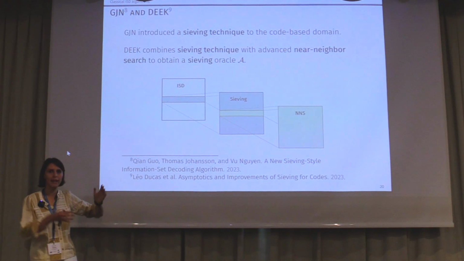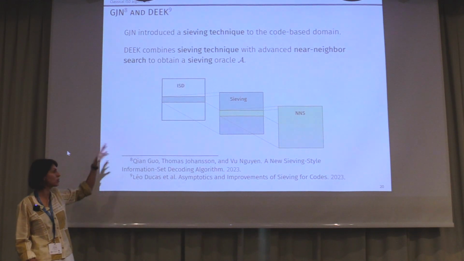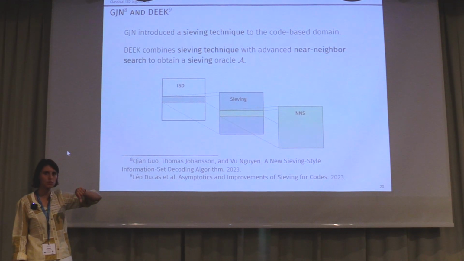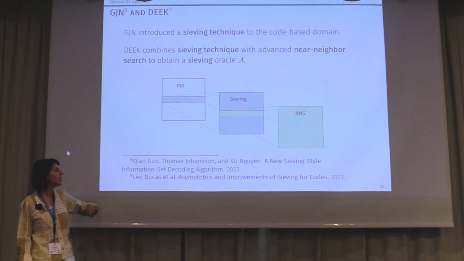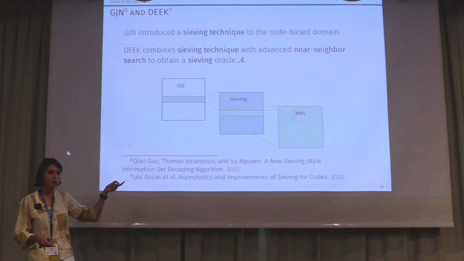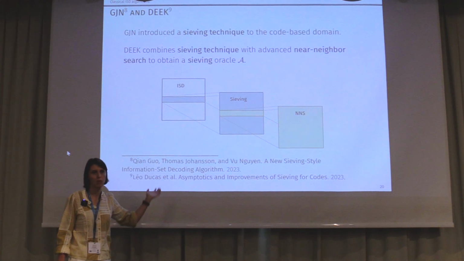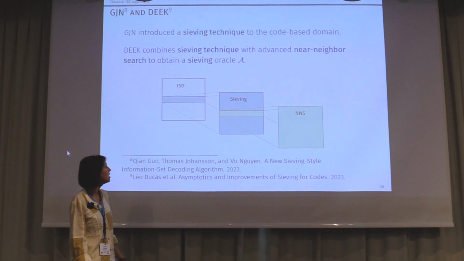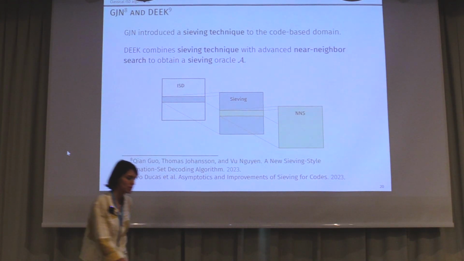So we have a layered approach of this algorithm. We have the information set decoding that creates a subinstance of the problem. Then we use the sieving to solve this subinstance of the problem. And within the sieving, we are also using the near neighbor search that is quite well developed and advanced. Then we obtain some improvements.